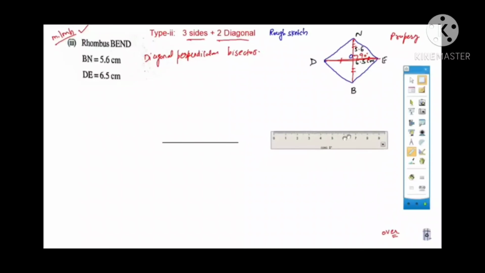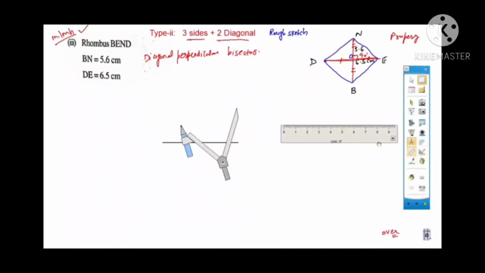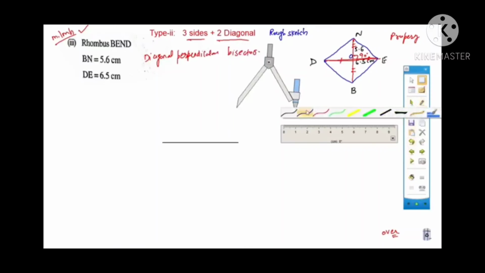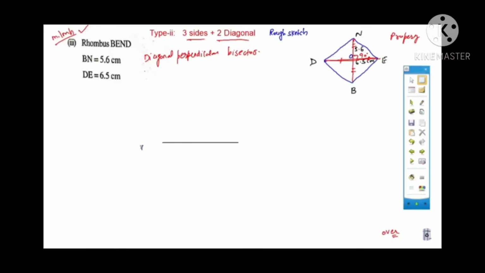And now take a compass. Already you know that in your previous class you have learnt how to draw a perpendicular bisector. Is it? Just by taking more than half of a measurement of a baseline. Is it? So mark the baselines, that is 6.5 centimeter D and E.